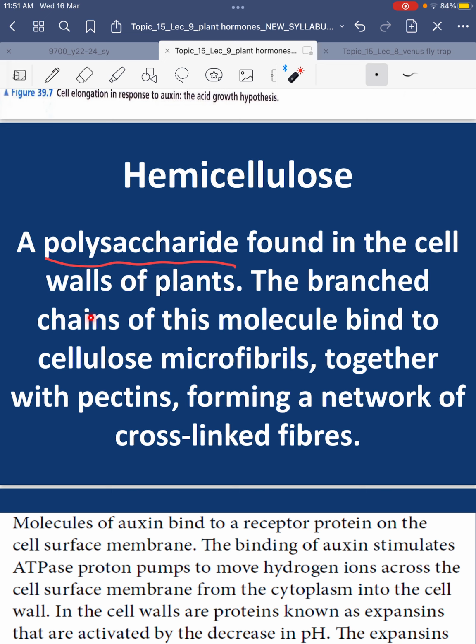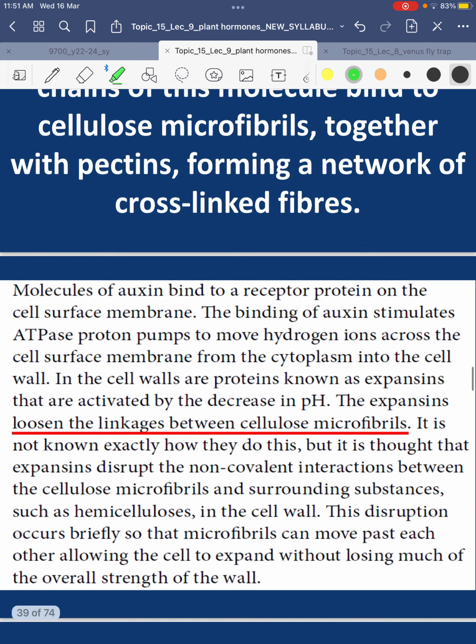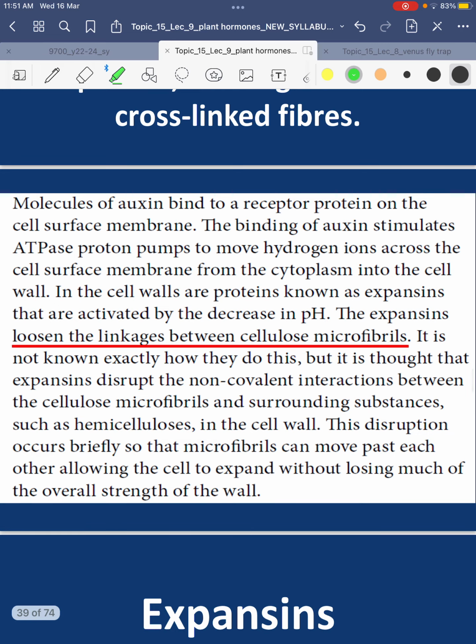The branched chains of this molecule bind to cellulose microfibrils together with pectin, which is not really important in this case, forming a network of crosslinks. So the crosslink is actually the hemicellulose. This is the name of the crosslink, but the syllabus doesn't mention it to you. So I feel that it's good to know the name of the crosslink.